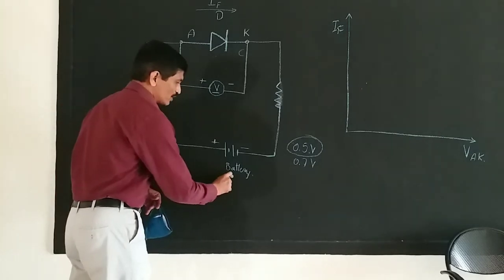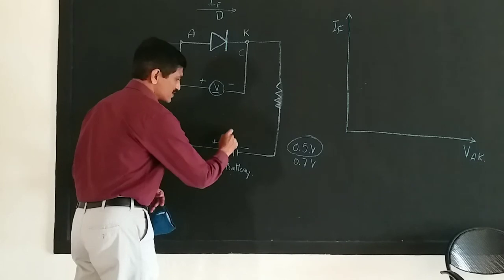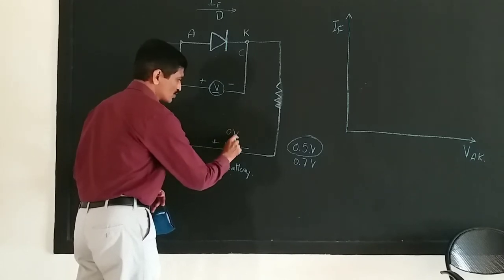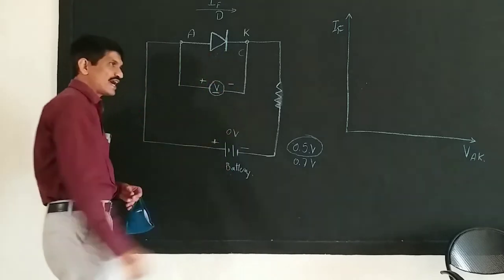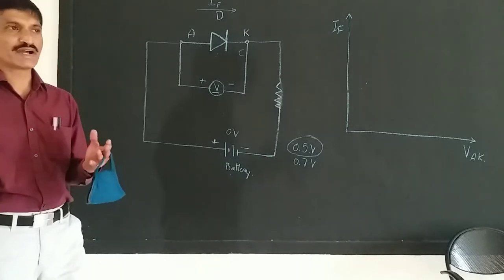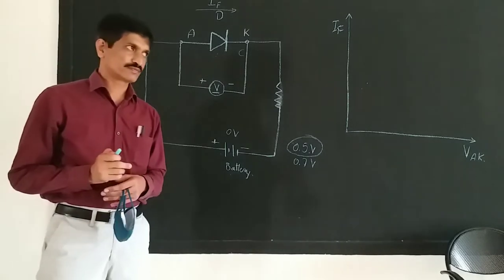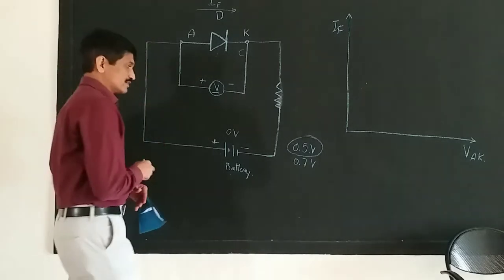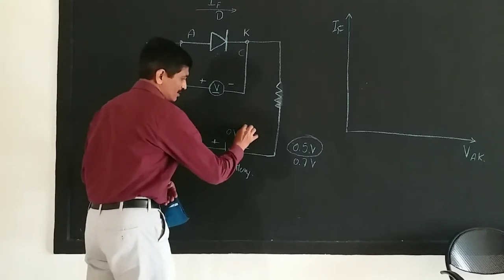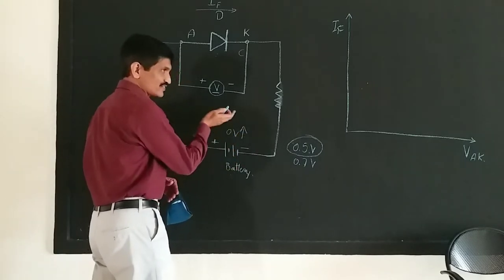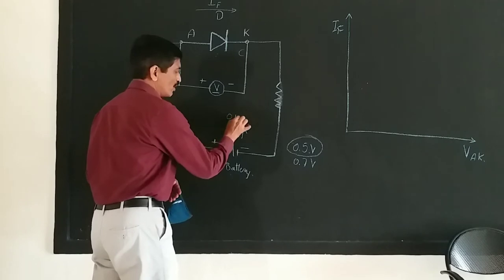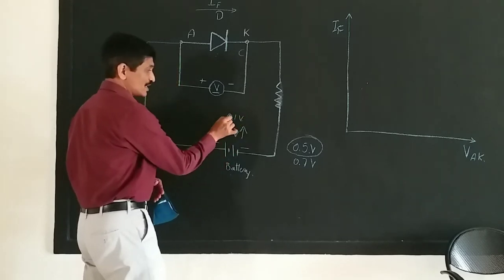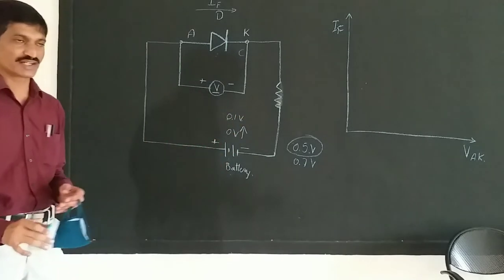If the external battery voltage starts from 0 volts, it would be as good as a not-biased diode. When this external battery voltage is raised in steps of 0.1 volts, these are the steps that I am mentioning.